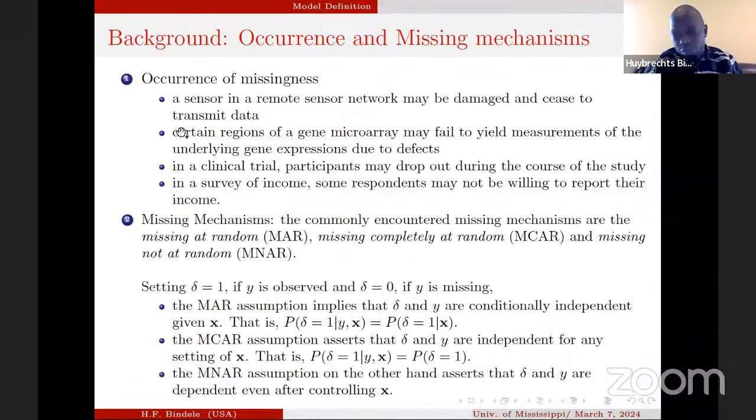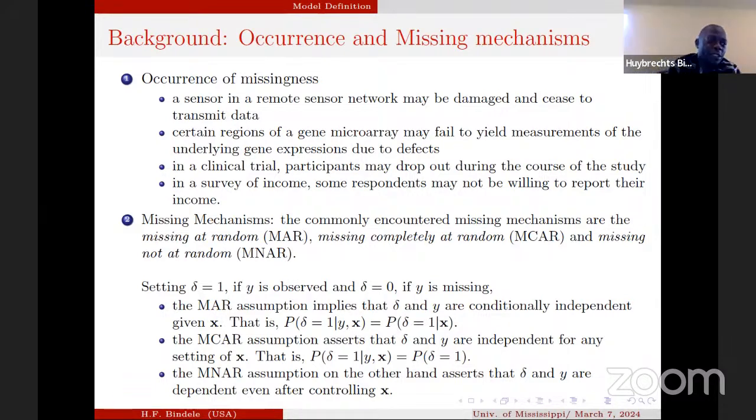So we come to the situation of having missing at random if y and delta are independent conditional on x. On the other hand, in missing not at random, there is no possibility of trying to separate delta and y, no matter what. So they are still going to be dependent no matter what. Only in missing completely at random, the probability of delta equal 1 does not depend on x or y. They are completely independent.